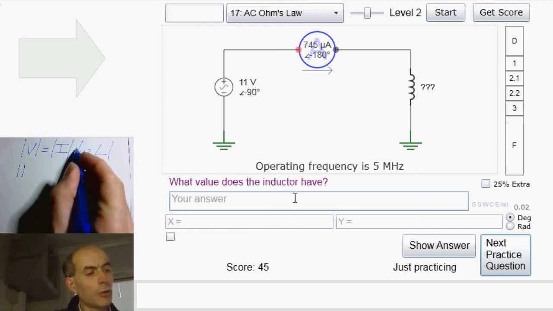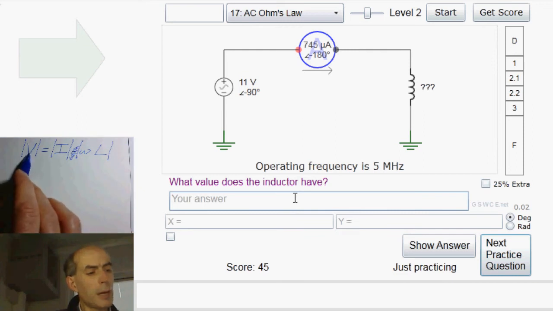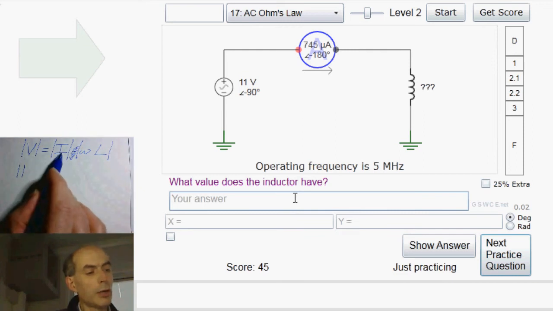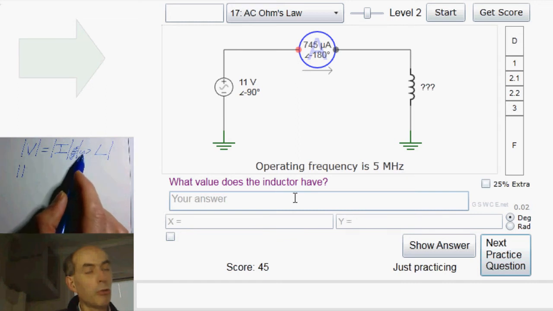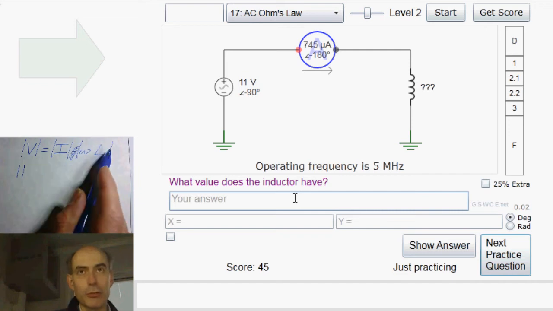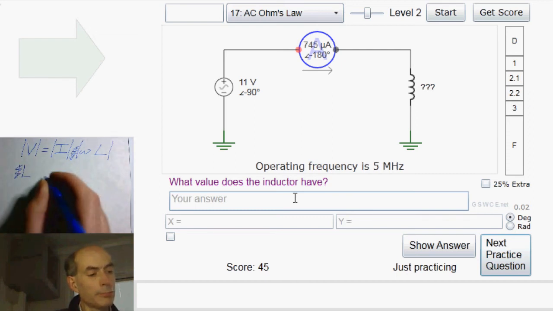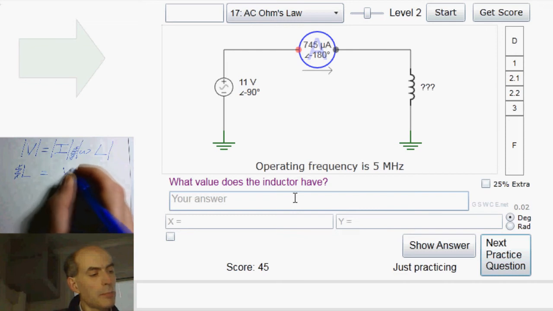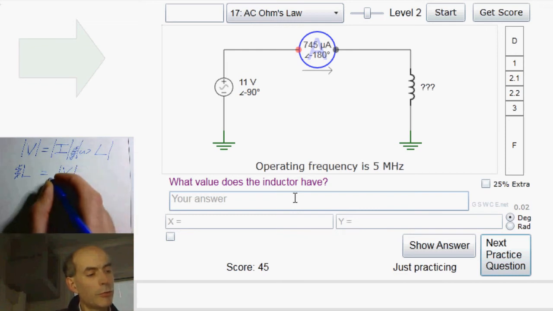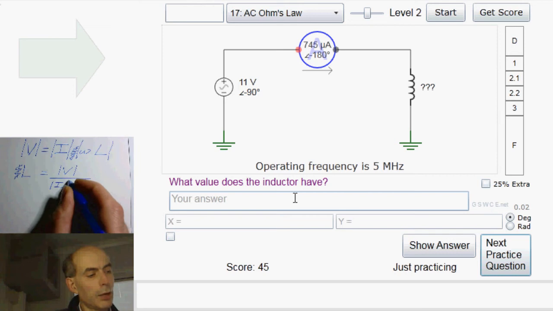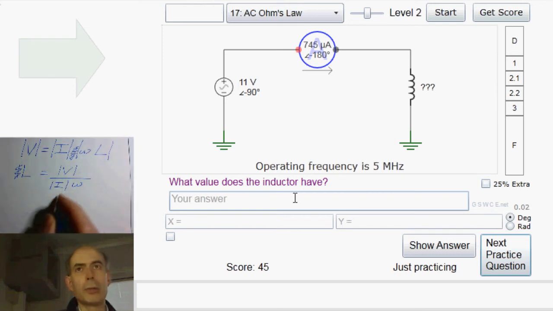The magnitude of j is just 1, so I can forget about it. Magnitude of V is the magnitude of I times the magnitude of the impedance of the inductor, and the magnitude of the impedance of the inductor is just omega L. That would mean that L, which I know is a real number, is the magnitude of V divided by the magnitude of I divided by omega, which again is a real number.